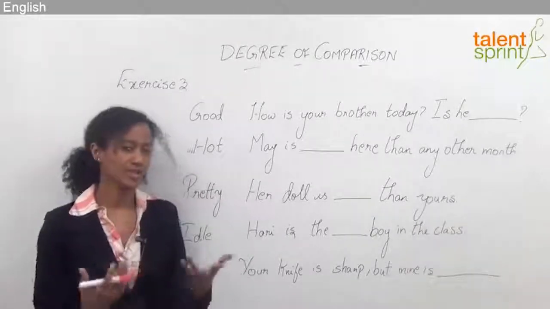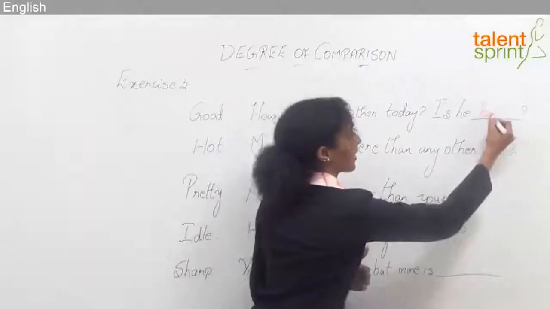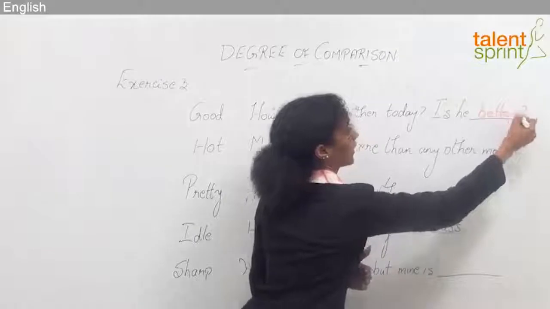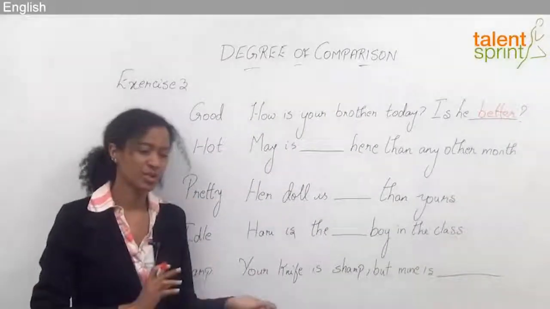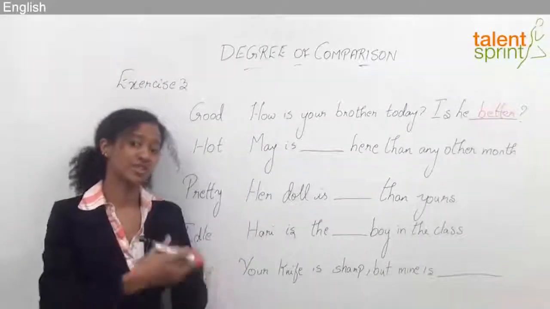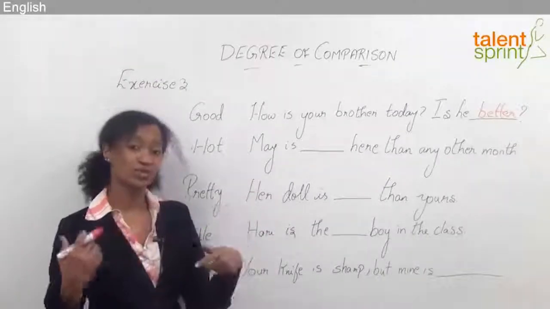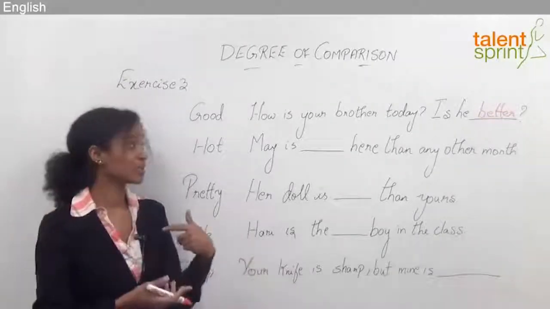How's your brother today? Is he feeling better? Why? Because yesterday maybe he was different. Is he feeling better than what he used to feel? So comparing maybe yesterday and today.